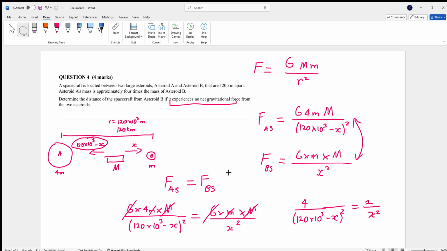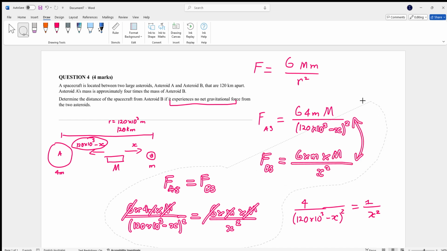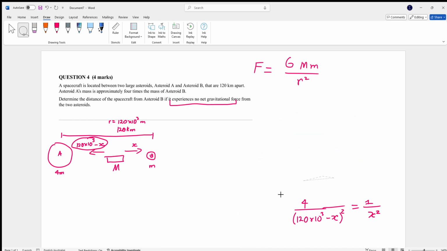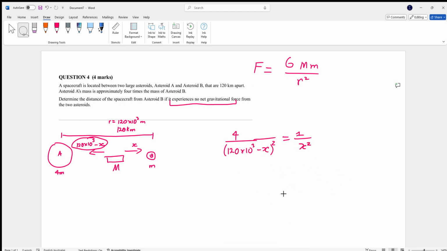Now, because we're in physics, you can use the solver on your calculator if you'd like to solve for the answer straight away. However, because this is a video, I'm going to show you a quick way to do it. First of all, I would flip both sides upside down so the x squared terms are on top. So I'll have 120 times 10 to the 3 minus x all squared over 4 equals x squared.